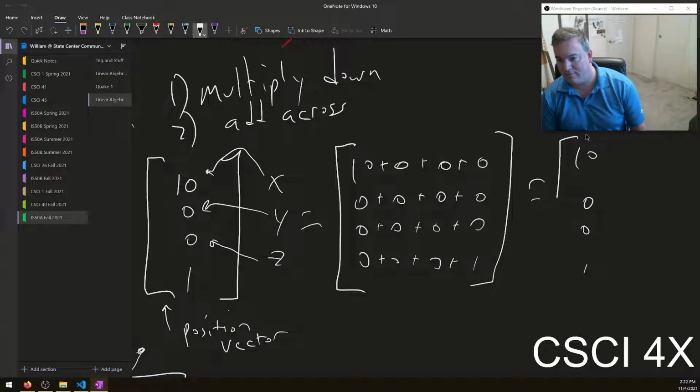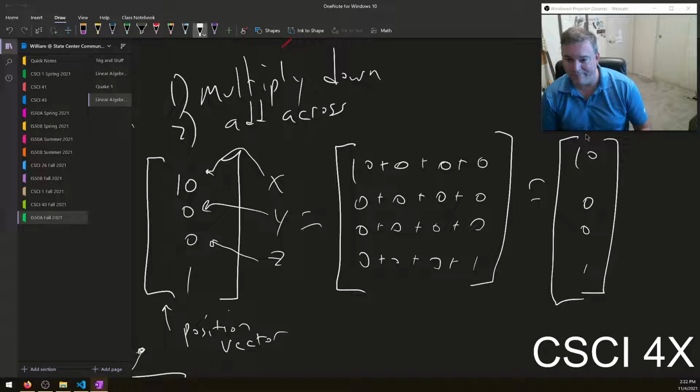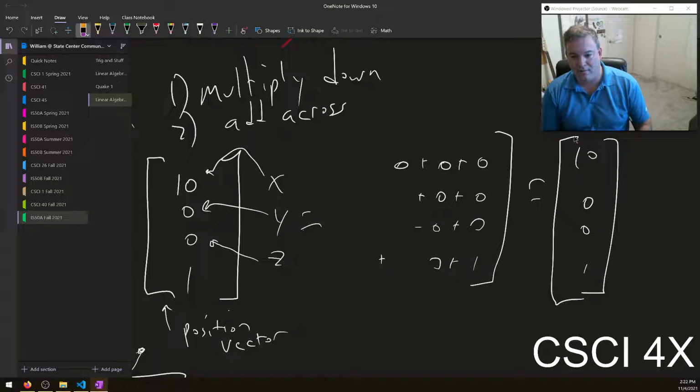And so that is the same as before. So you multiply down, you add them across, you end up getting the same result, because what we had there was the identity matrix. So let's make it a little more interesting, because that was almost too easy.